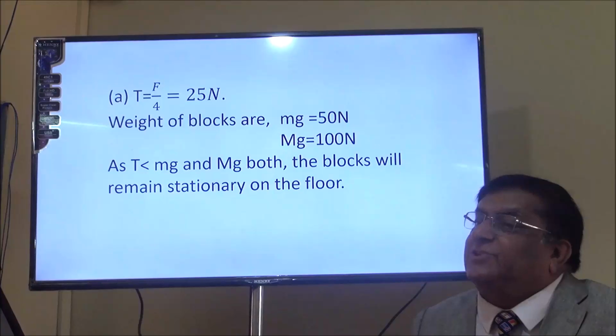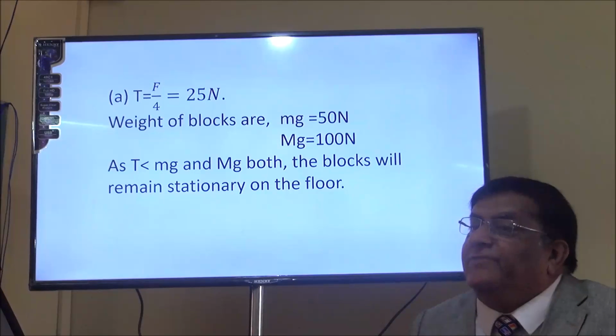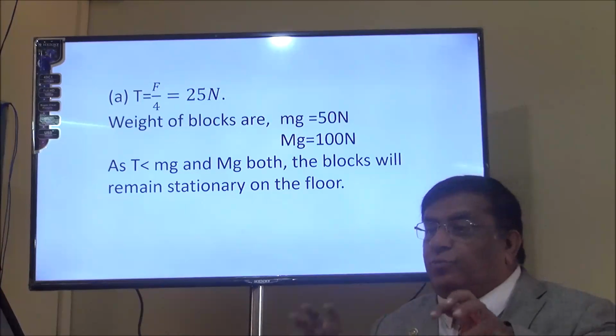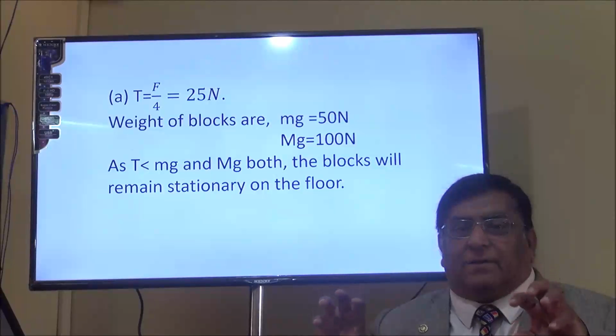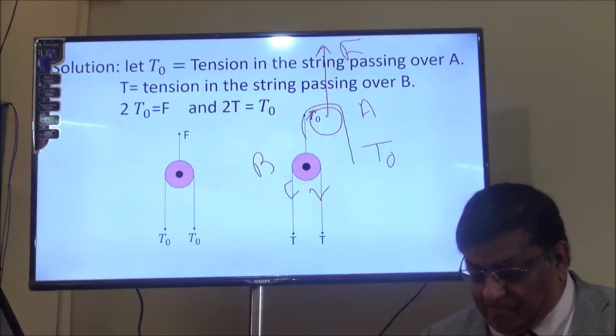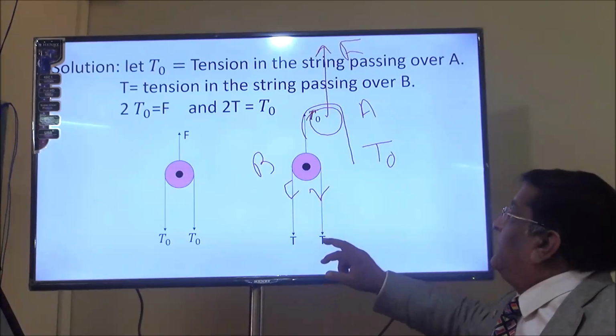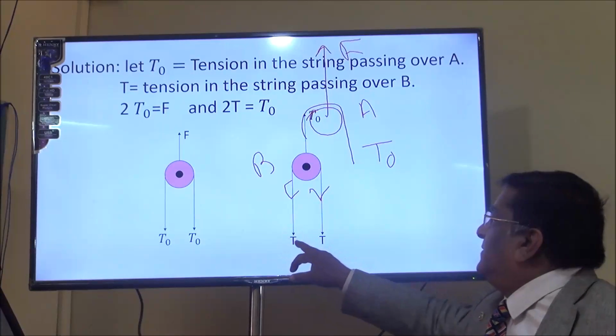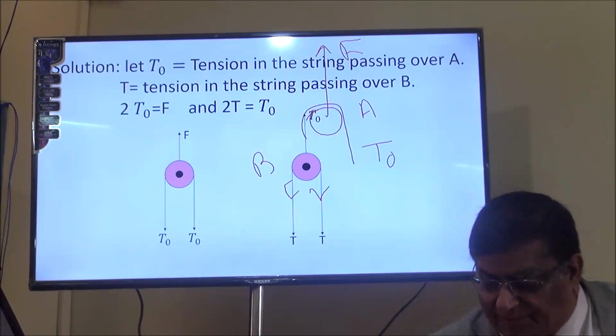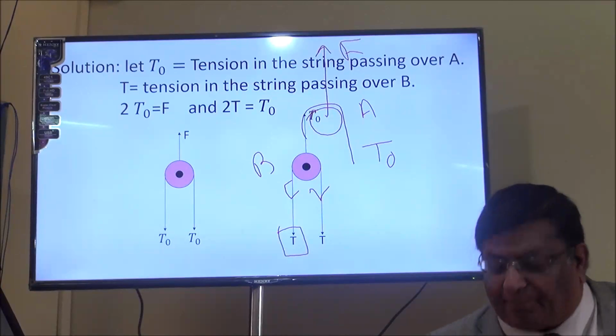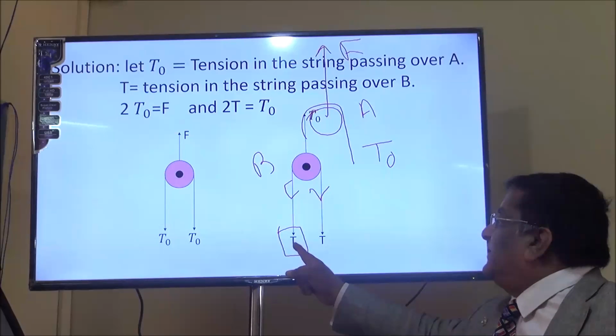So what is the first thing? If we want to move the mass, you see here, if there is a mass here and this mass has to be lifted up, what is the condition for that?